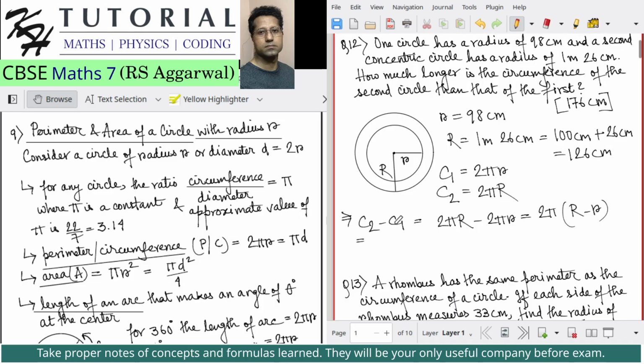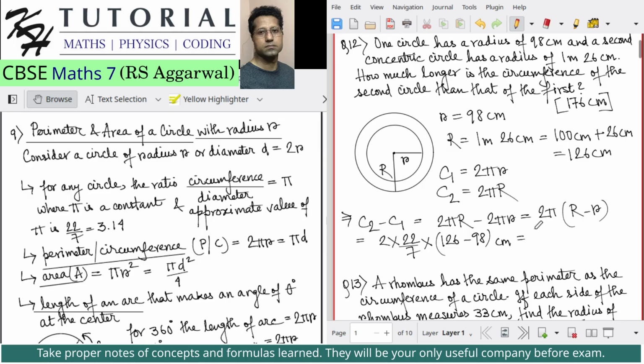Now this is 2 multiplied by, we will take 22 by 7 as the value of pi. So 22 by 7 multiplied by what was capital R? Capital R was 126 and small r was 98, this much centimeter.